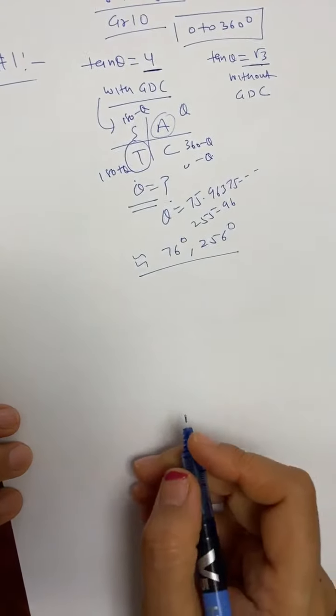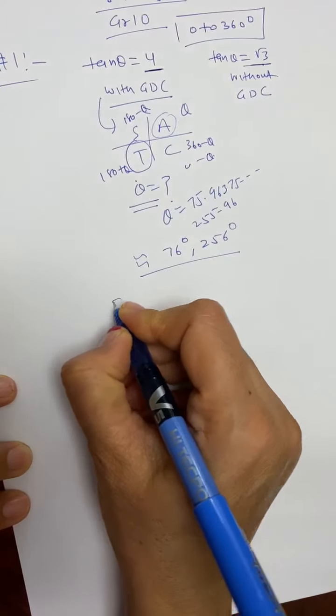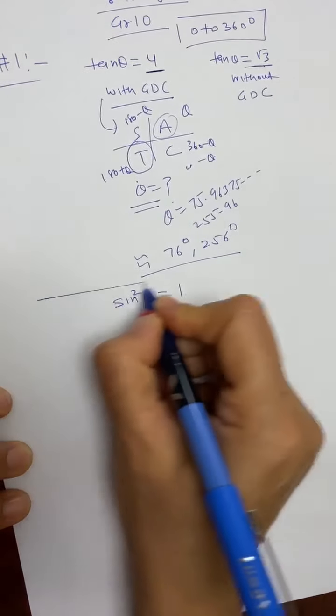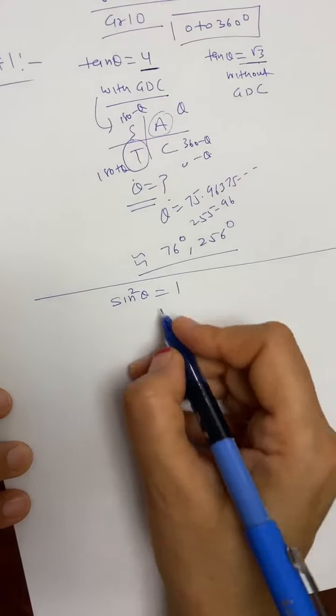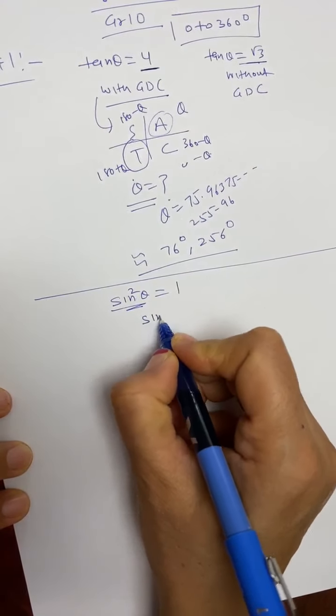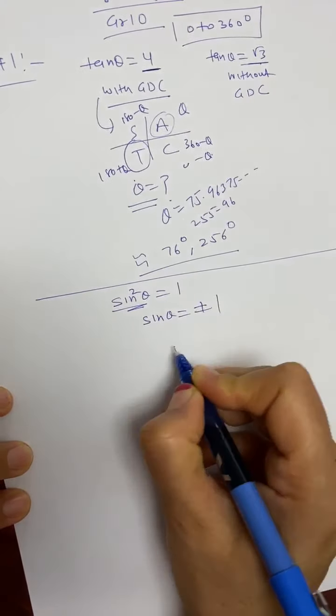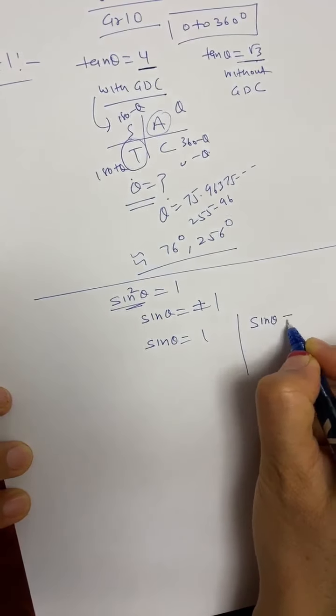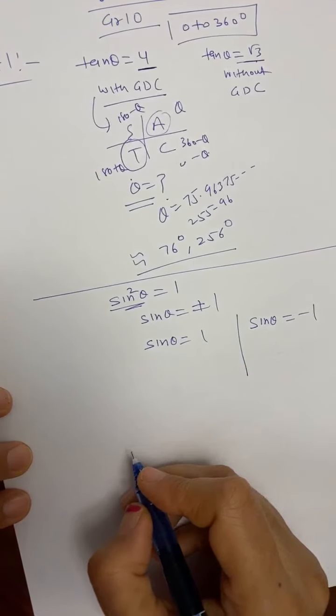So now I'm going to move to another one. Let's say I have sine squared theta is equal to 1, not sine theta is equal to 1. When it's a quadratic, sine theta can be plus or minus 1. So instead of solving one equation, we have to solve two equations: sine theta is 1, and sine theta is negative 1.